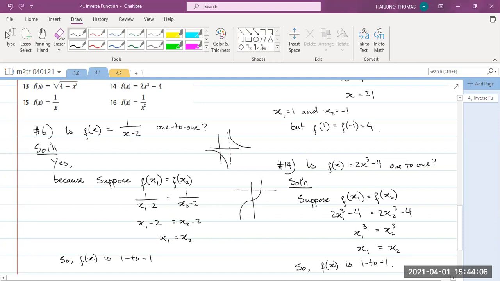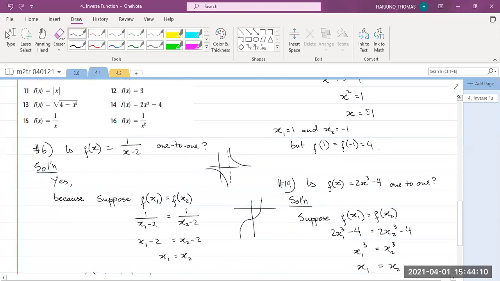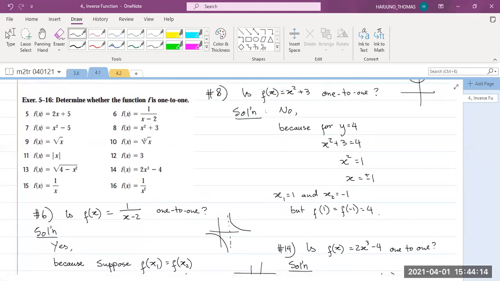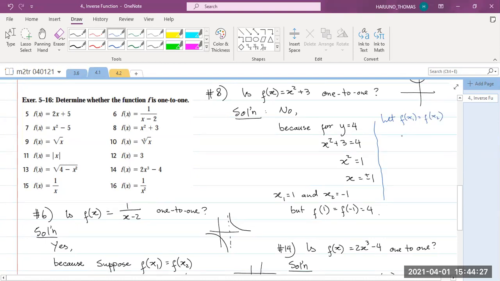Now, notice that this way of proving cannot be used against number 8. Suppose you try to force it, and let f(x1) equal f(x2) for number 8. So x1 squared plus 3 equals x2 squared plus 3, right? Subtract 3, you get x1 squared equals x2 squared.